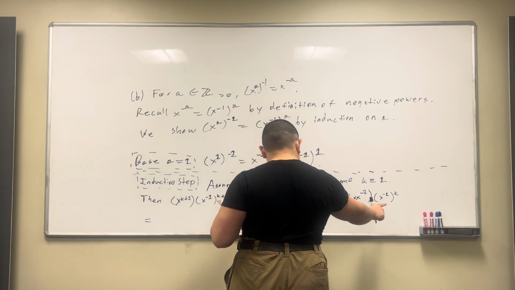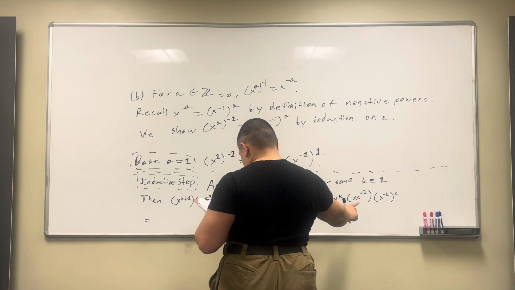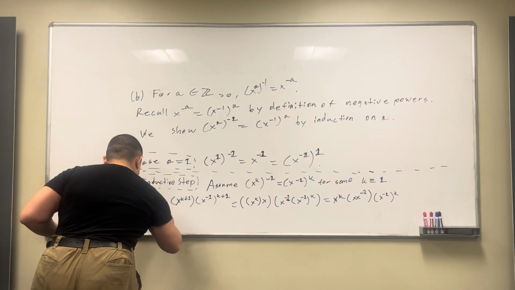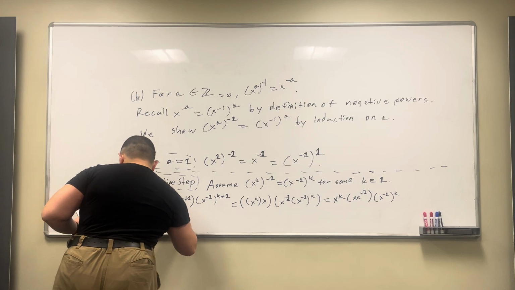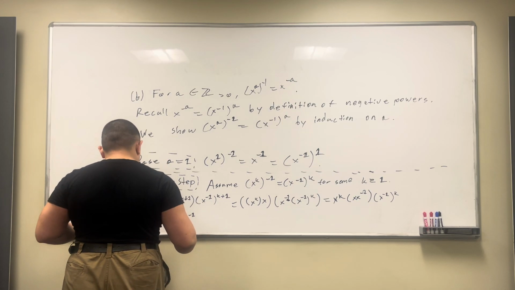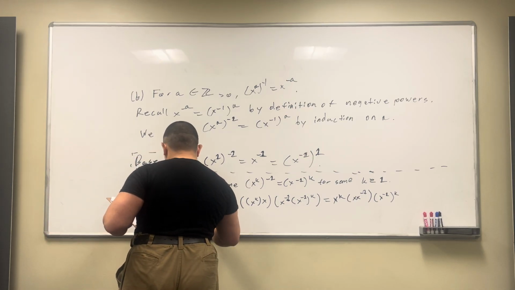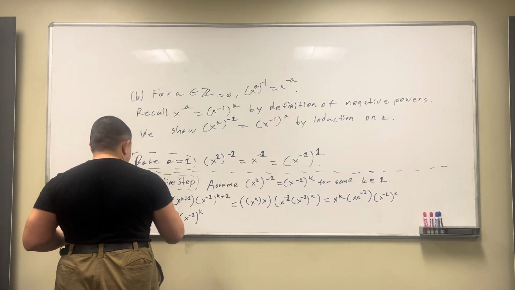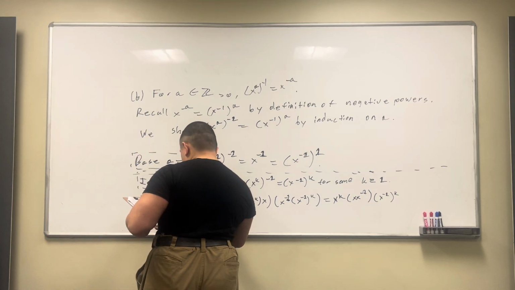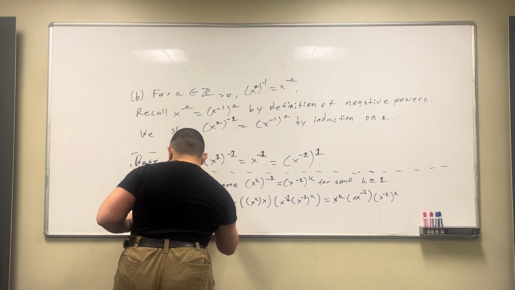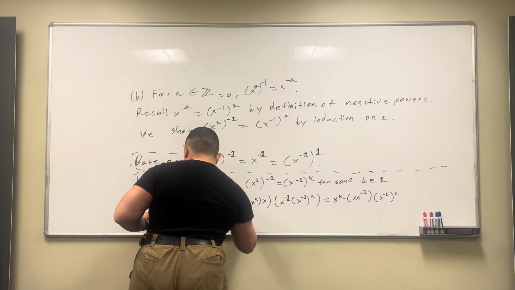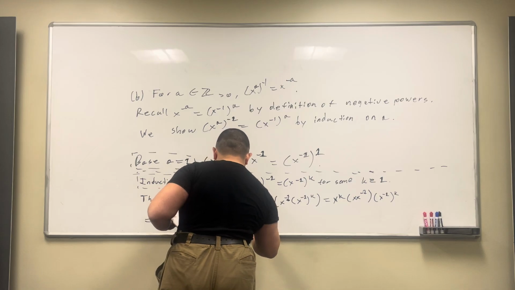Okay. Which is equal to x^k times 1 times (x^(-1))^k, which is equal to x^k times (x^(-1))^k.